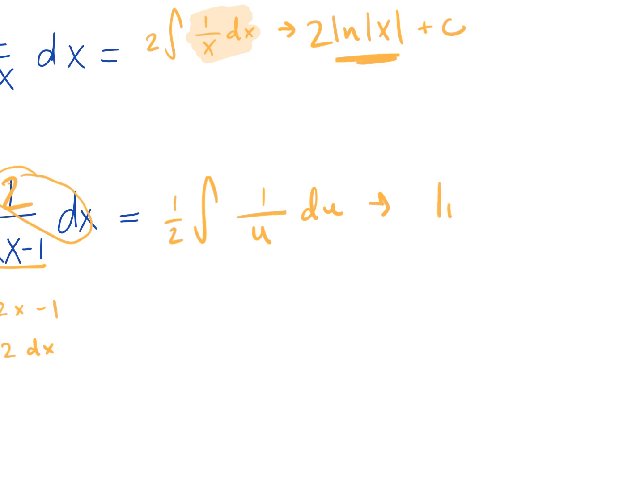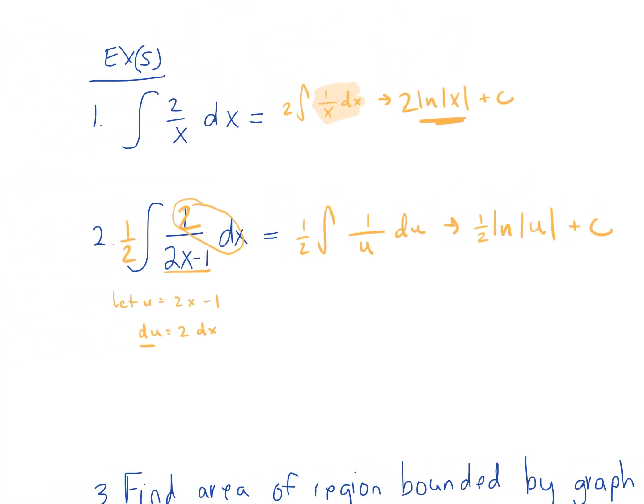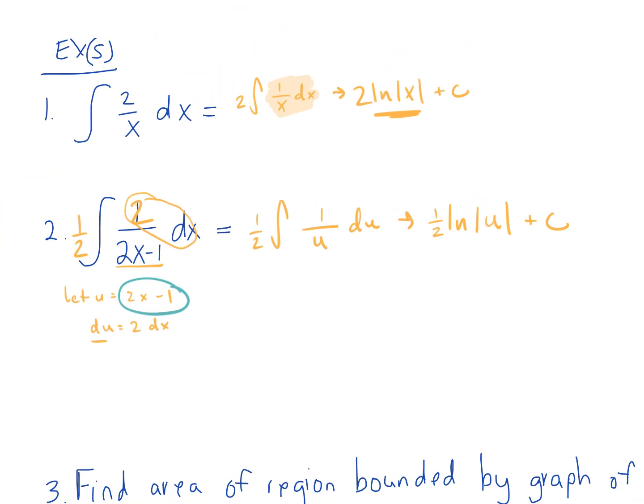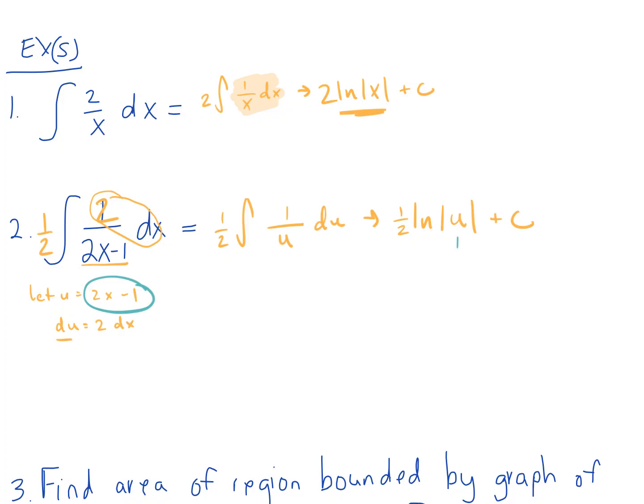So here we'd have the ln of the absolute value of u, with the 1/2 being multiplied and plus c. Last step is we just want to replace the u. So we know that u equals 2x minus 1. So we have 1/2 times the ln of the absolute value of 2x minus 1 plus c.